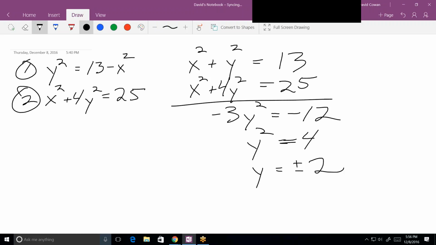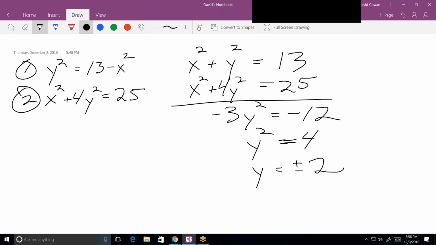That plus or minus is going to be key, because when we use the plus 2, it's going to produce a certain x, and when we use the minus 2, I believe it'll produce a different x. And so we'll have pairs of solutions. So let's see if we can solve for x.